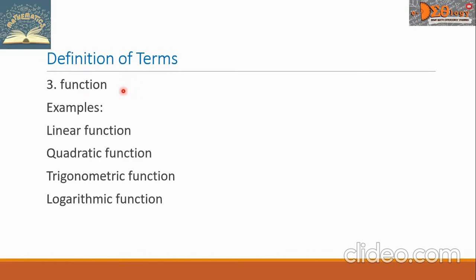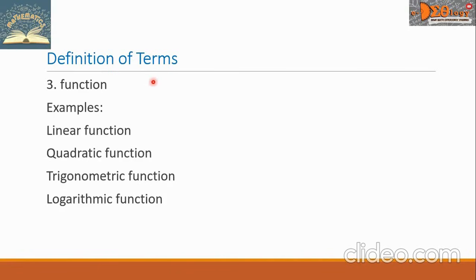Next term is the function. We had a 1 semester long period to discuss about a function. We learned this from the pre-calculus subject or pure math course. Let us write some examples of the function.